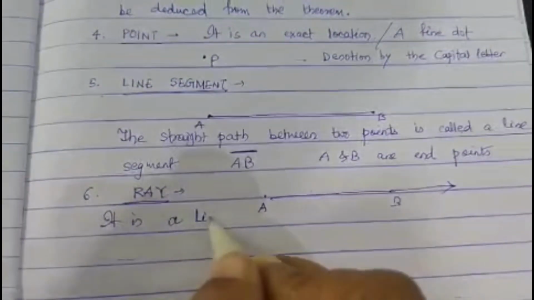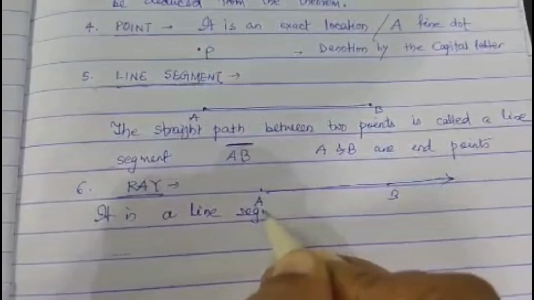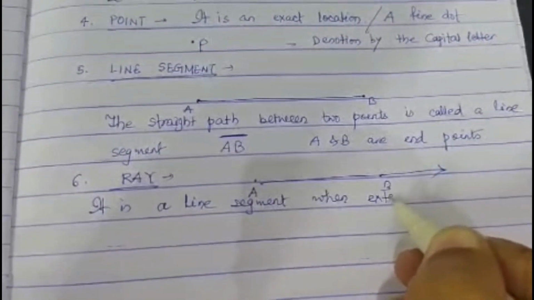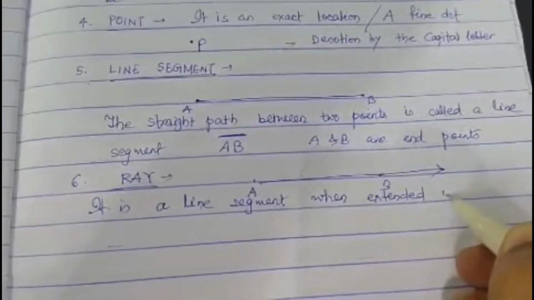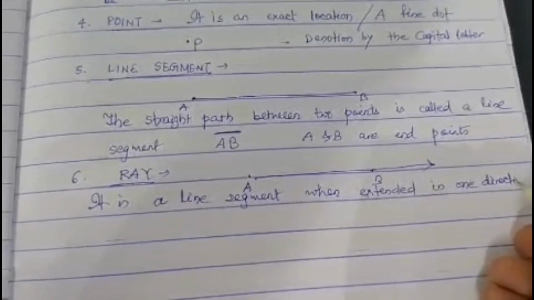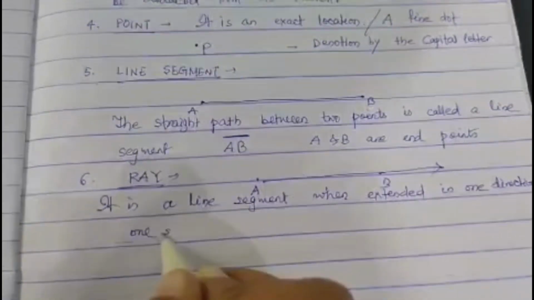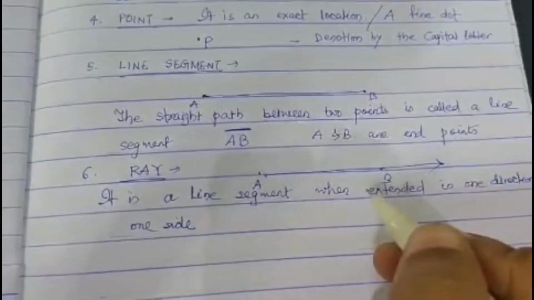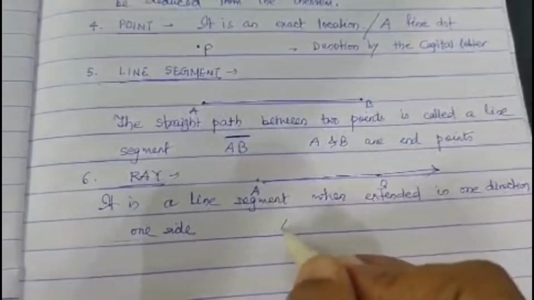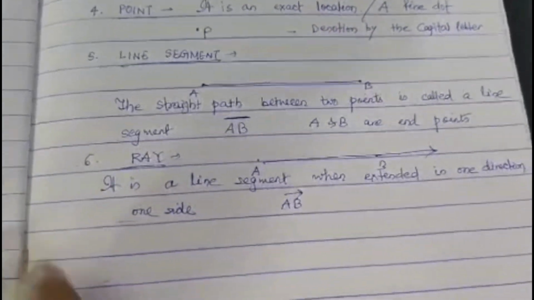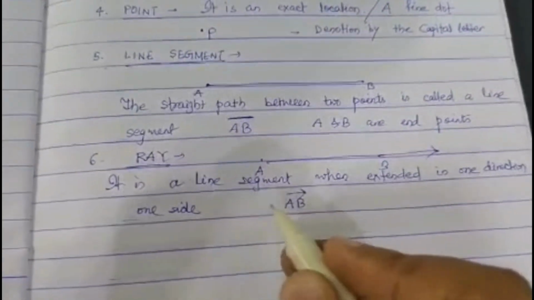When a line segment is extended in one direction, it is called a ray, and we denote it like this, AB, with an arrow mark on top. This is called the ray.